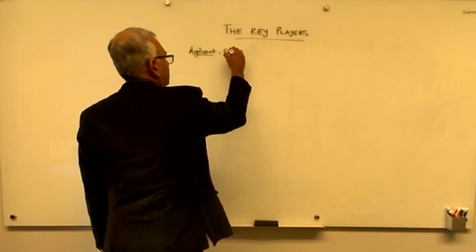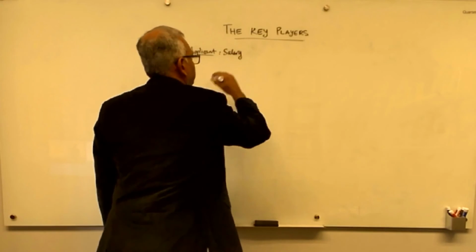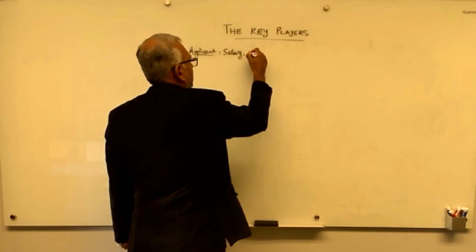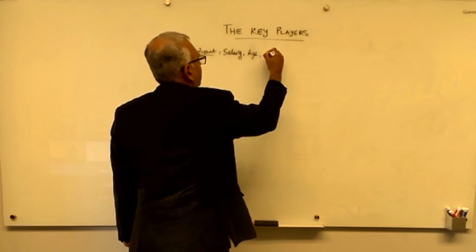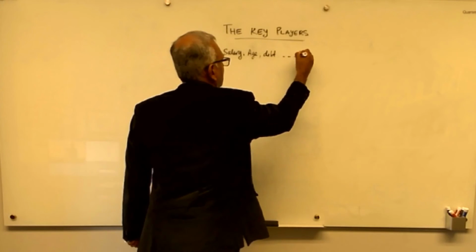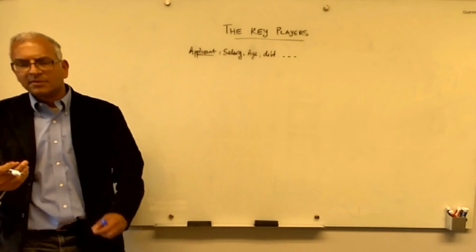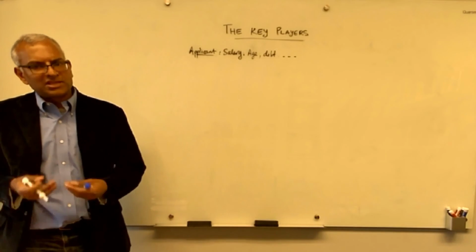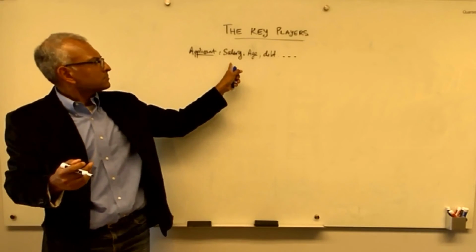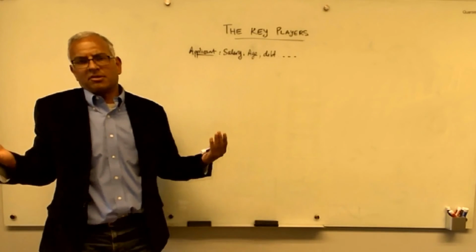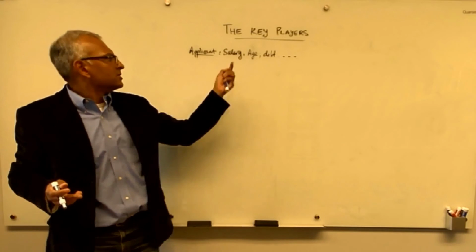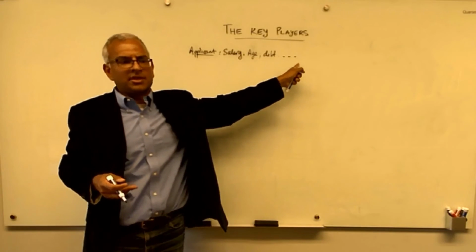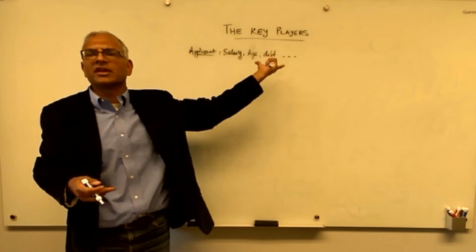Salary, age, debt, and so on. Okay, so the applicant's attributes, the applicant's features. Well, what are these? We can just represent them by a bunch of numbers. So if you have 10 such things that you collect, then you'll represent it by 10 numbers, or a vector of size 10.